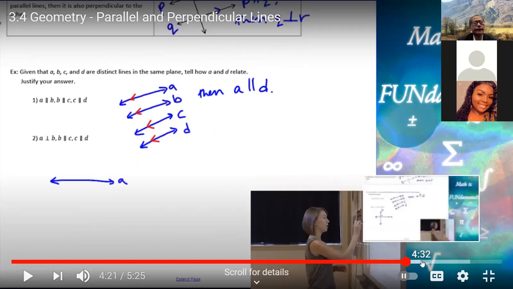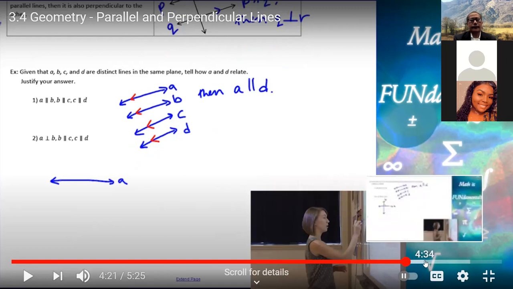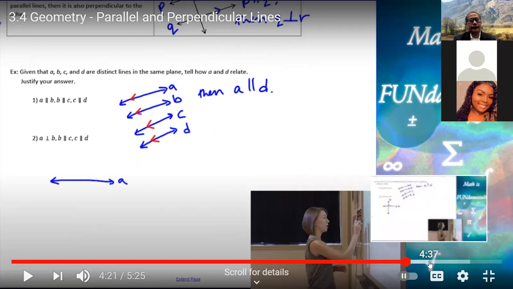Now, if A is perpendicular to B, and then B is perpendicular to C, and then C is parallel to D, then the conclusion will be A perpendicular to D. Yes.